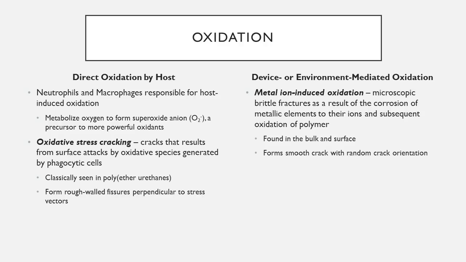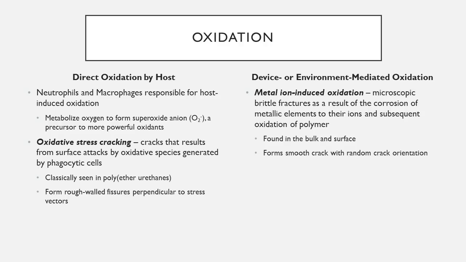This is in contrast to device or environmental mediated oxidation, which is primarily induced by metal ions. These are ions that break off and dissolve into the environment, and are themselves catalysts for oxidative stresses.